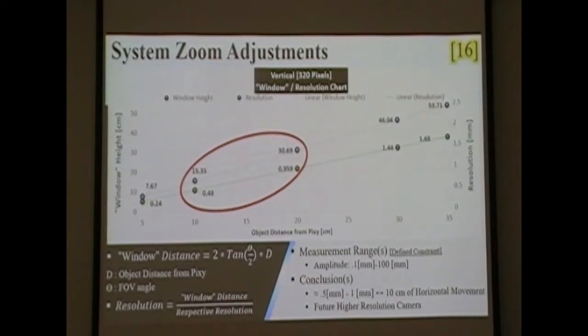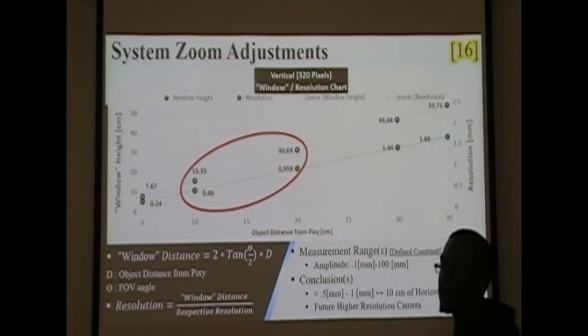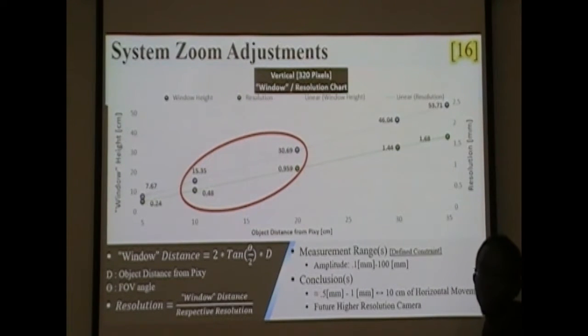Here are some of the calculations and results from determining how much movement the linear displacement system needed to make. At the bottom of this graph is the object distance away from the Pixie, with the corresponding resolution, taking into account 320 pixels, and the resulting height in the window that the Pixie sees. Going back to our constraints at the beginning of the project, we want to measure at least 0.1 millimeters of amplitude, and the maximum is 100 millimeters of amplitude.